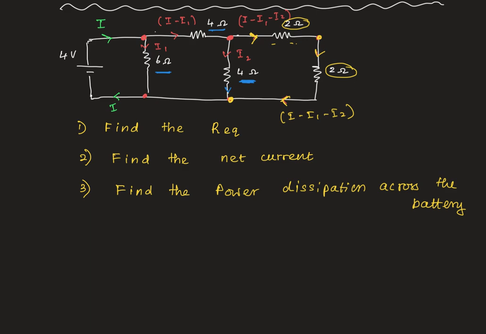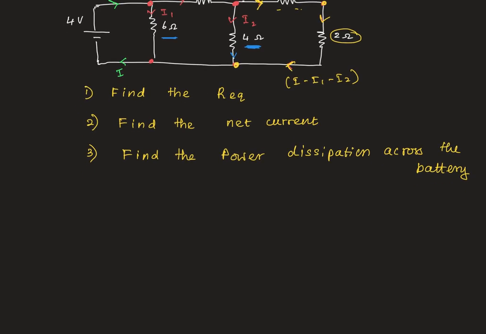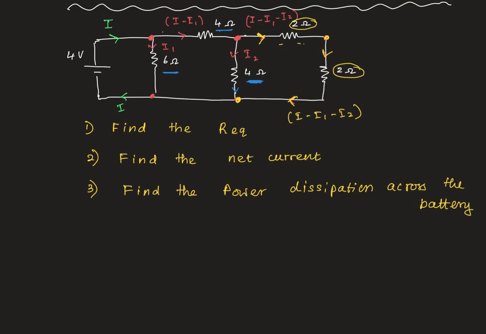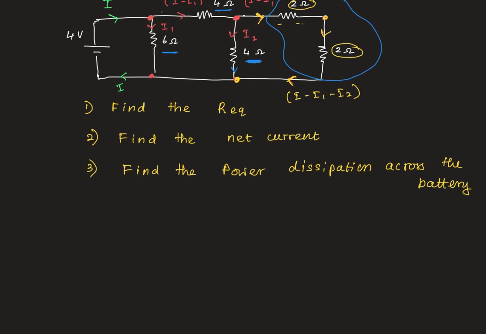Now let's go with that. I am going to highlight these two resistors over here. The students who have some electricity knowledge might find this very easy, but I am focusing on the other students.